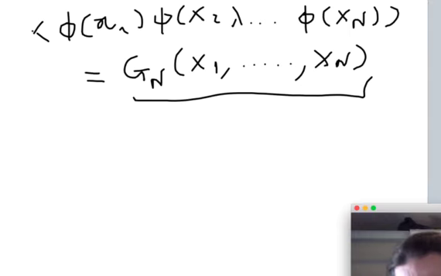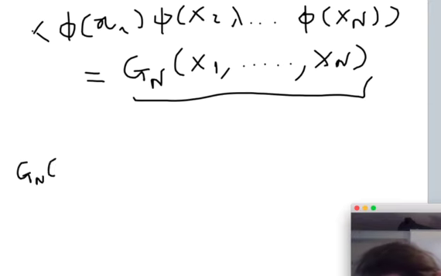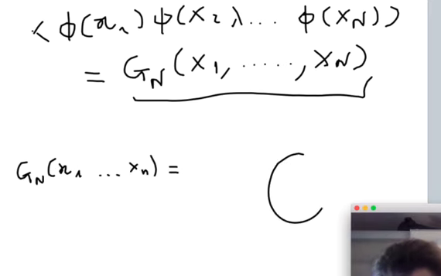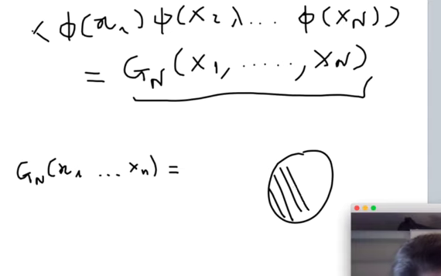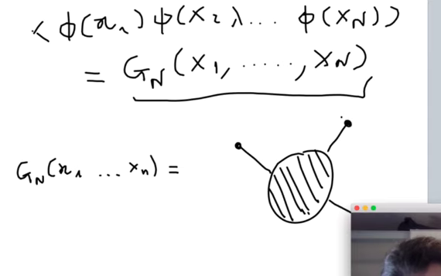Now, graphically, this object is often represented in the following way. You stick a ball, which represents all the possible correlations you have in the system, and you attach to the ball n legs. And at each leg, you attach a label x1, x2, x3, all the way to xn.